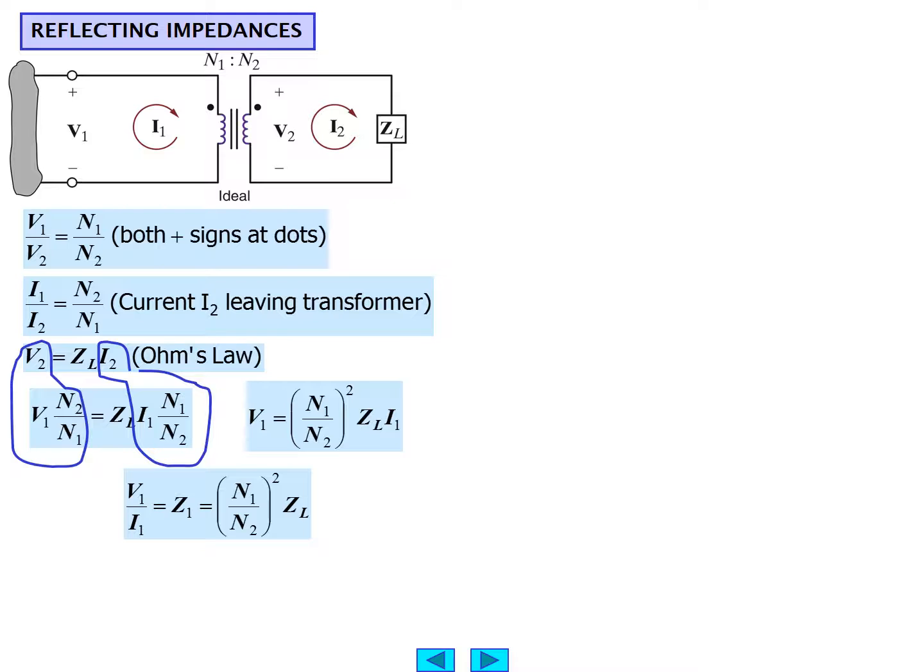Solving then for the ratio of V1 over I1, which is our definition for what the impedance looks like in the primary circuit, we get the quantity N1 over N2 quantity squared times Z sub L, where Z1, if you will, is the impedance in the first loop or mesh, and Z sub L is the load in the secondary, which is in fact known to now be amplified by the quantity N1 over N2 squared, as long as N1 is greater than N2, doesn't have to be, or reflected into the primary side. It could also be attenuated if N2 is greater than N1.